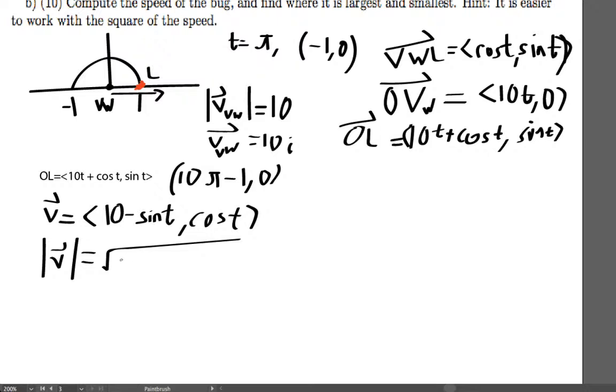So that's 100 minus 20 sine t plus sine squared of t plus cosine squared of t.